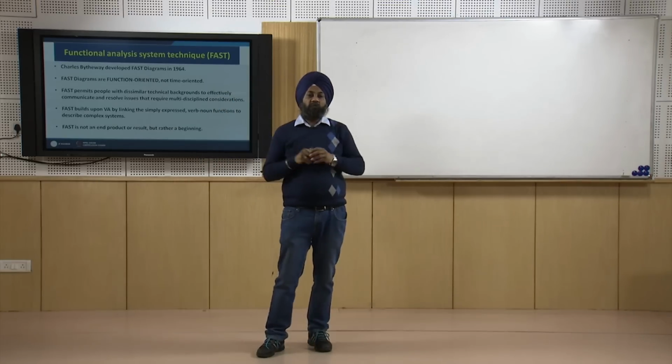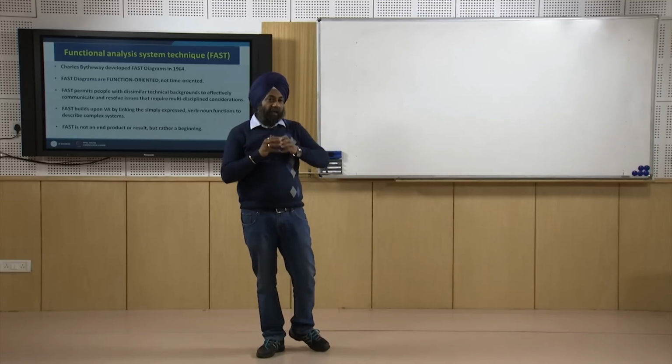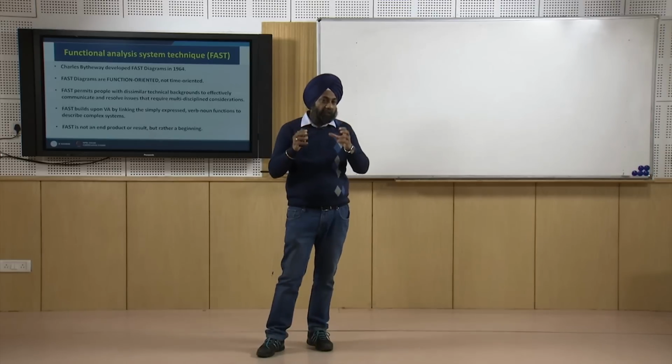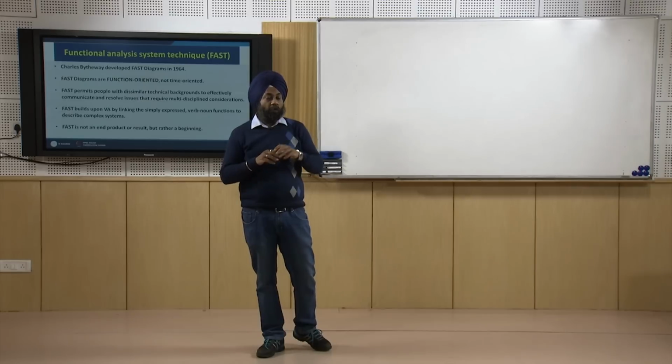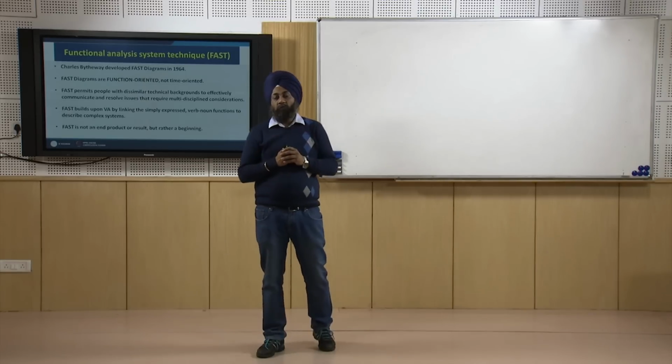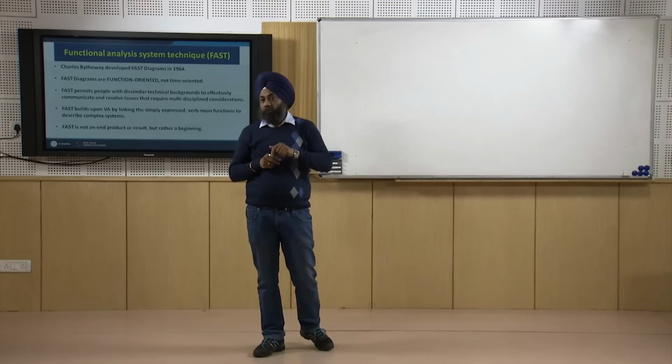some of the components will have interacting functions also, and then for those functions we need to analyze how the functions can be clubbed together or eliminated or maybe modified in order to solve the overall objective of cost consideration or cost justification.